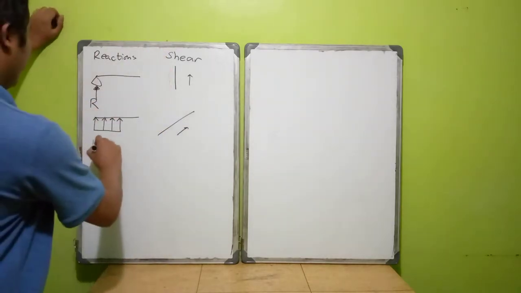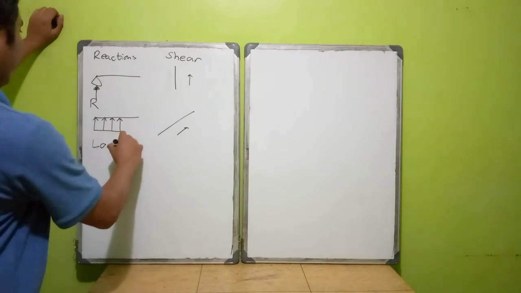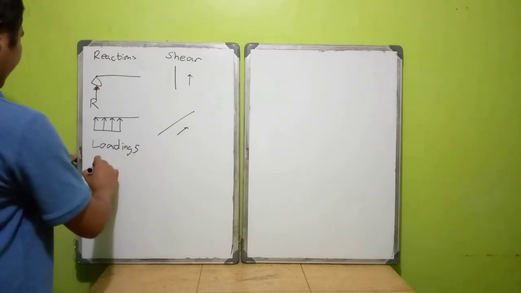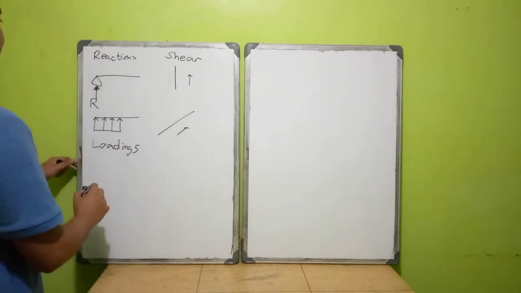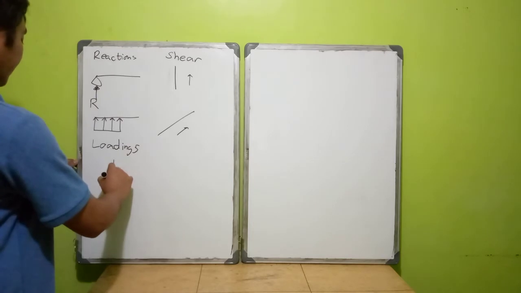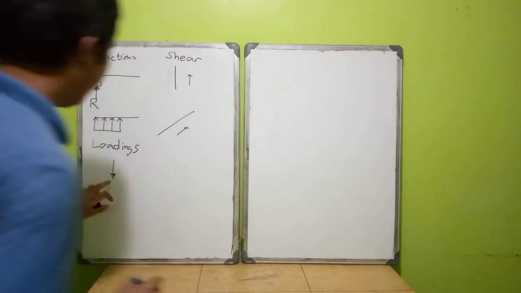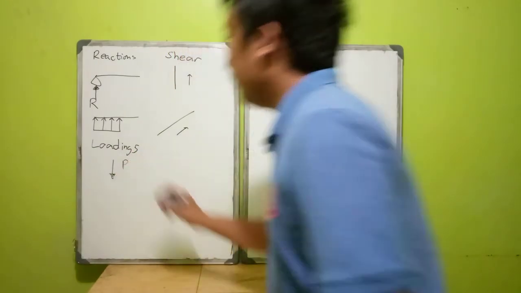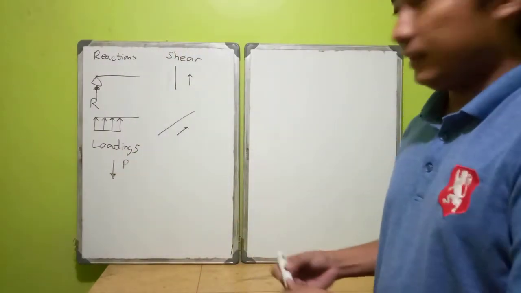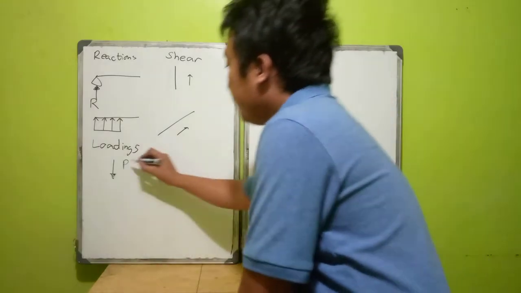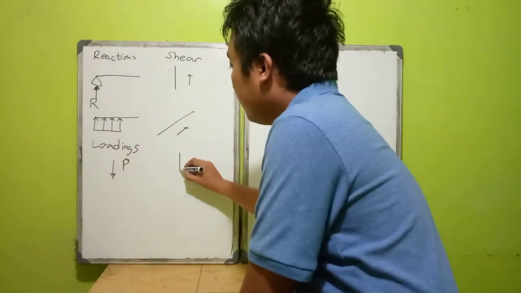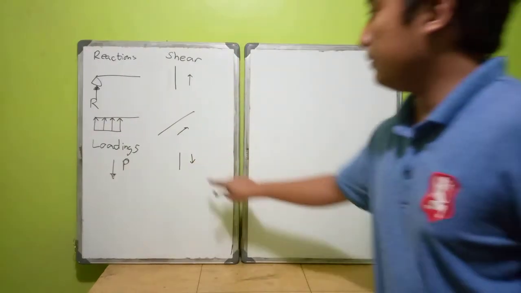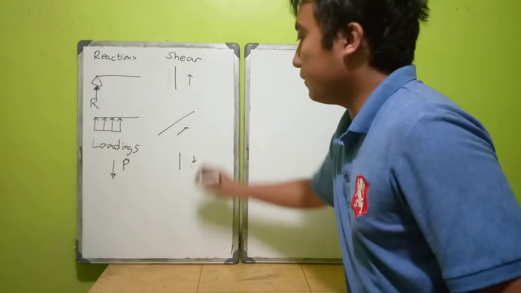So what about loadings? Let us start with a point load, say P. In that case, the shape of your shear will be downward, and you will draw it in that direction.